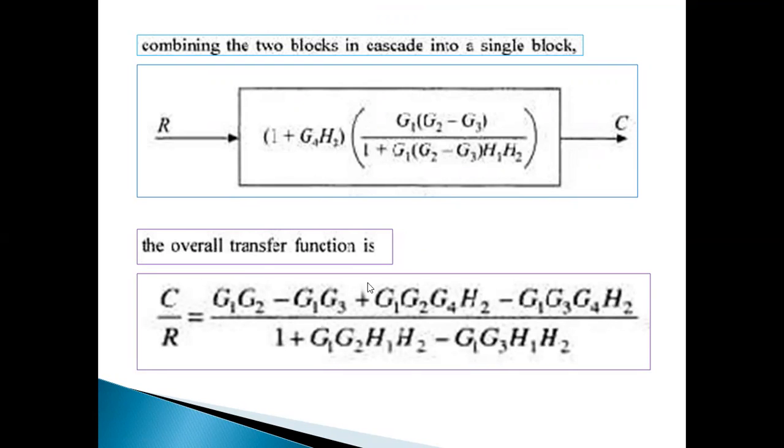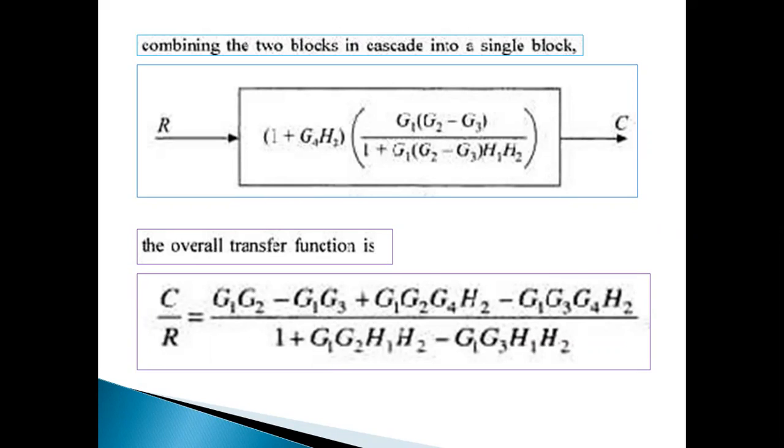So we can represent in this fashion: G1 G2 minus G1 G3 plus G1 G2 G4 H2 minus G1 G3 G4 H2. In the denominator, 1 plus G1 G2 H1 H2 minus G1 G3 H1 H2. So that is the overall transfer function.